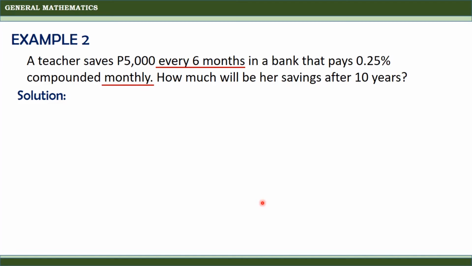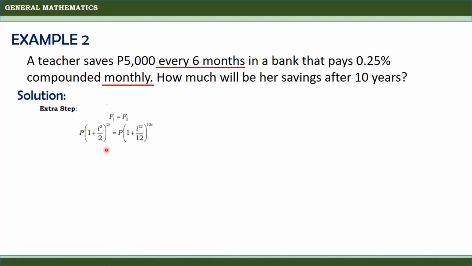So before we proceed in using the formula, we need to convert first the interest into its equivalent rate per payment interval. To do that, let us again use the formula F sub 1 equals F sub 2. By substitution, on the left side will be the payment interval and on the right side will be the interest rate.